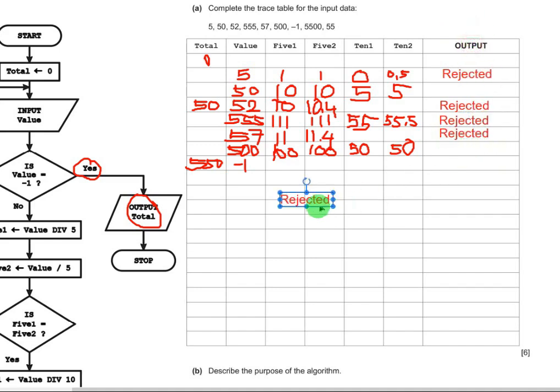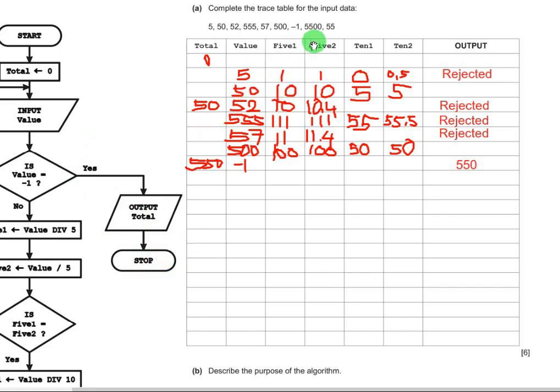So this one will be 550. Do we stop after that? Yes. After it outputs the total, it goes down over here and it stops.